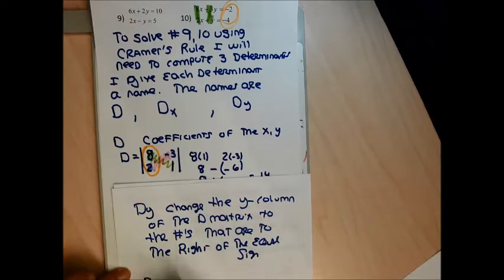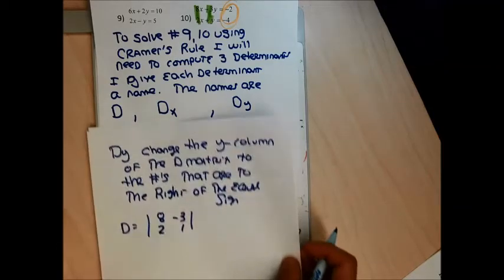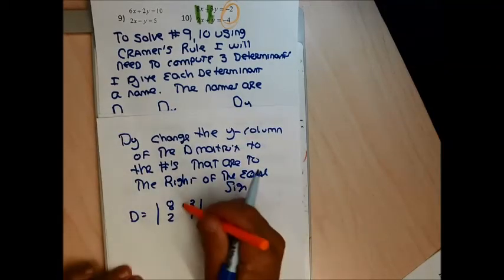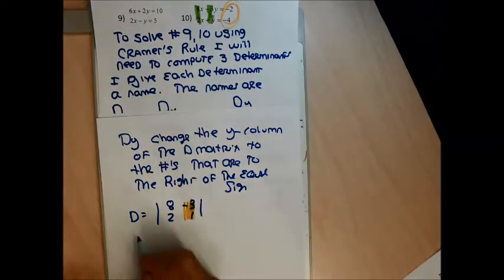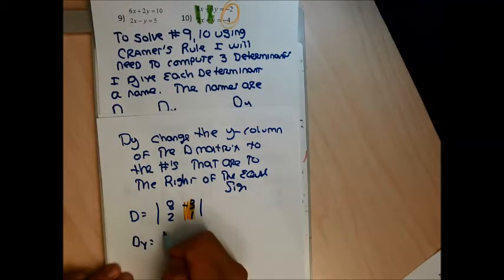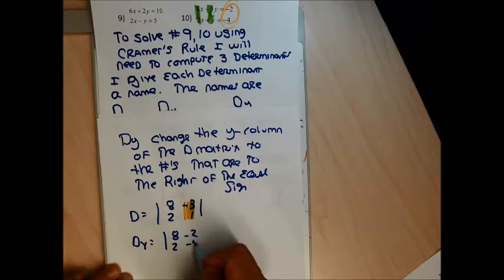So the D matrix started off at 8, 2, -3, and 1. For D sub y, I'm supposed to change the numbers in the y column to the numbers to the right of the equal sign. So D sub y is going to be 8, 2, -2, and -4.